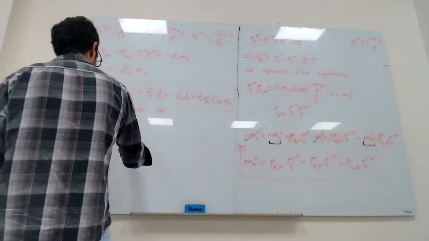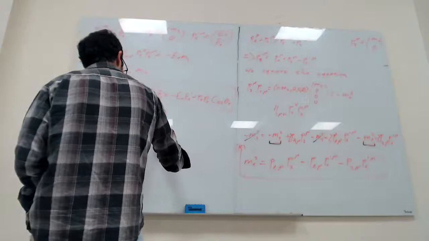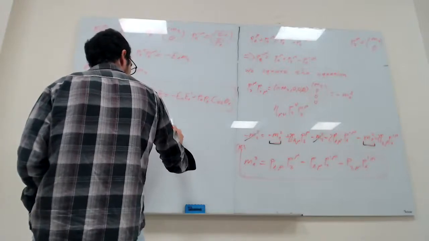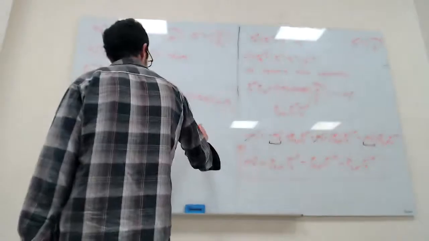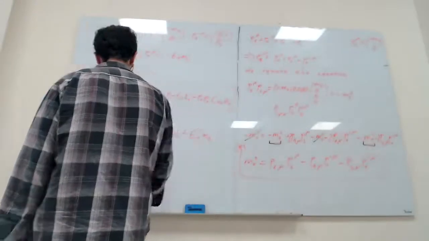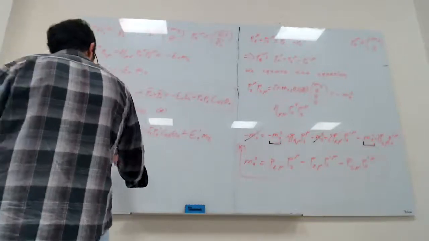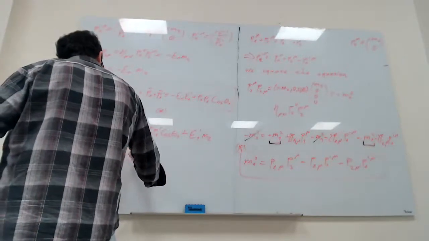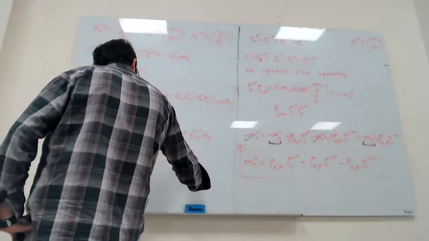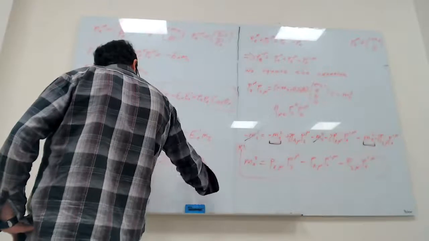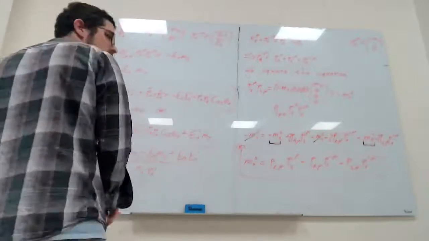Here we have plus e1 dot, minus e1 dot, plus e1 dot 2 times the cosine of 1 equals e1 dot 2 minus e1 2 plus e1 dot this divided by p1, which is what we needed.